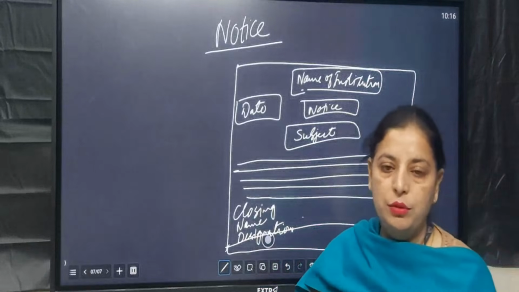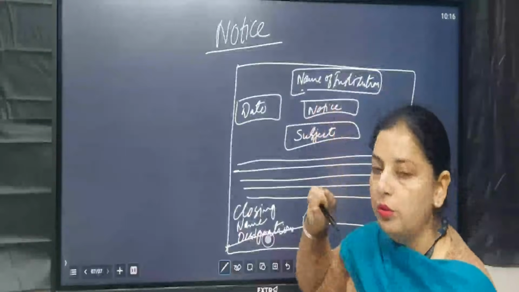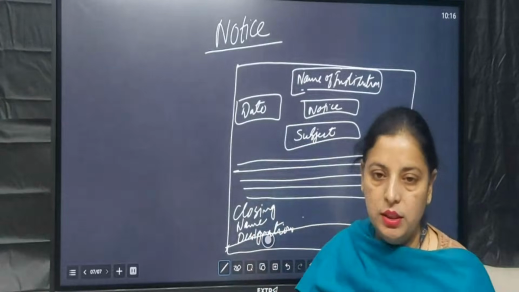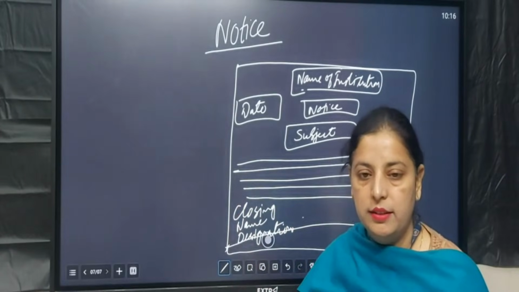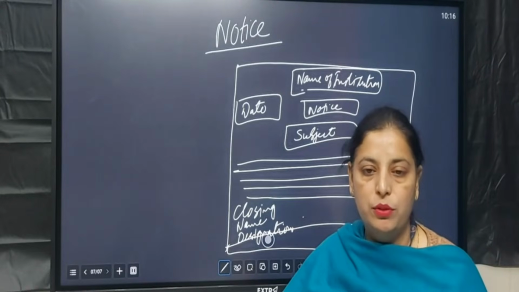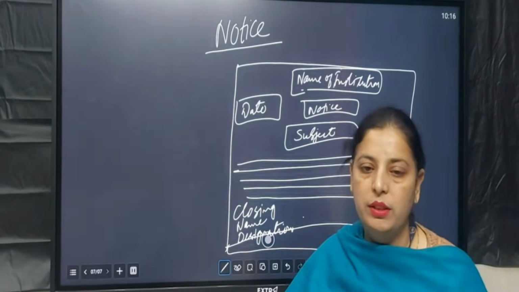First of all, you have to give the name of the institution at the top, and then you can give the date, and write Notice in the center. Then you have to highlight the subject on which you are writing the notice, and then give content related to the same. Then you have to close with name and designation. This is the format for 4 marks in your board exam. And then you have to give poster.